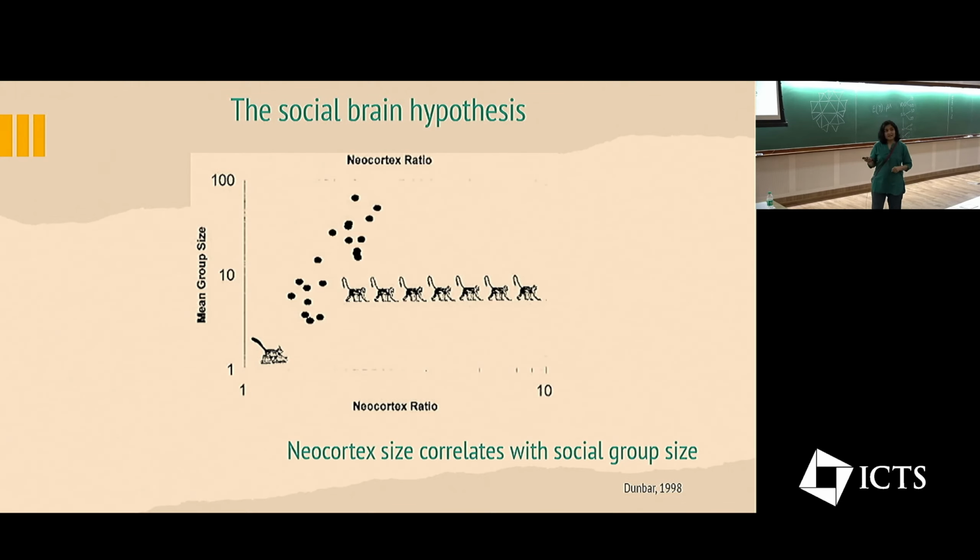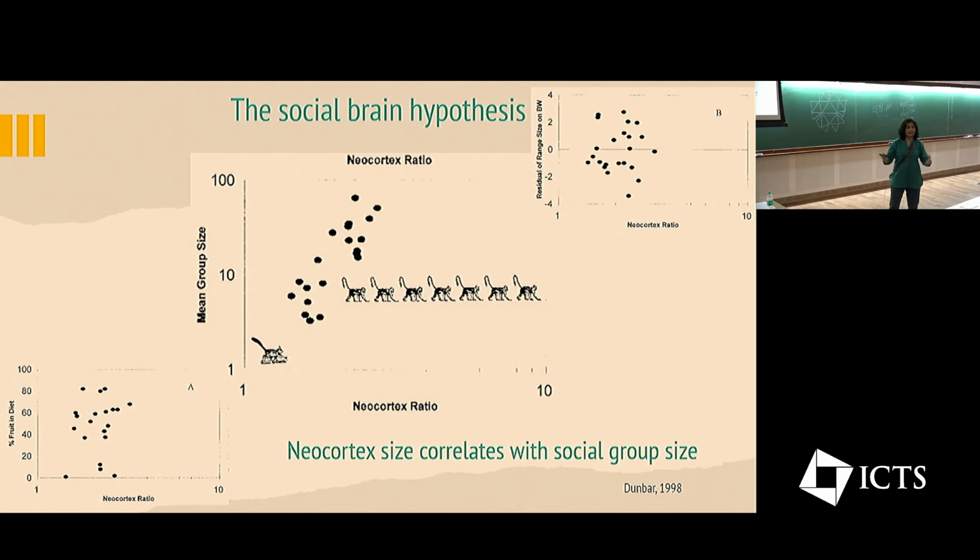So the neocortex ratio was found to increase with the group size of these animals, and linearly so, significantly correlating like this, as opposed to, say, the fruit content in their diet or the size of their range, which is the geographical habitat that they usually reside in. So you can see the correlation is not so linear, right?